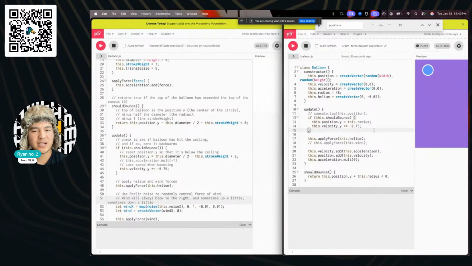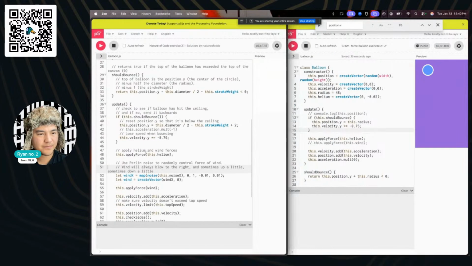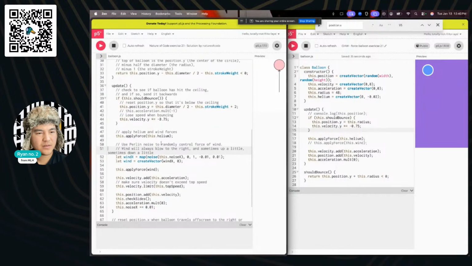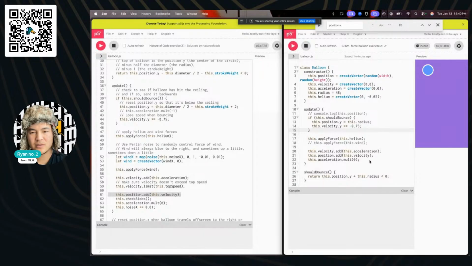It must be our update function. Apply helium. velocity.add(acceleration). We aren't worrying about the limit right now. This.add velocity, so that's the thing that actually moves us. Maybe it's because the acceleration is just constantly being reset to 0. So if I remove this, is it going to start moving again? No, that didn't change anything.